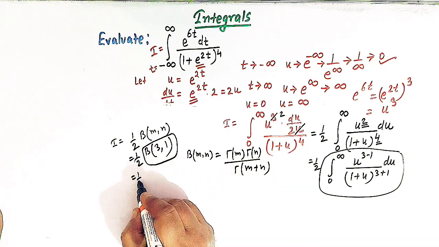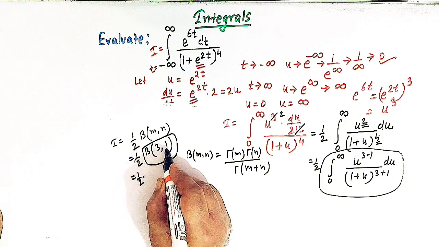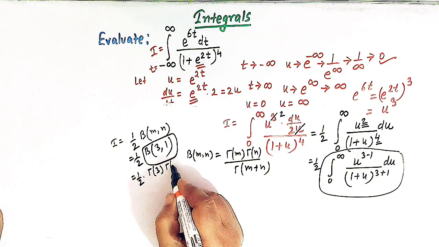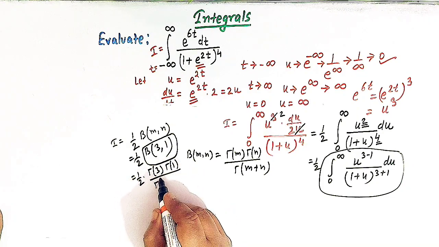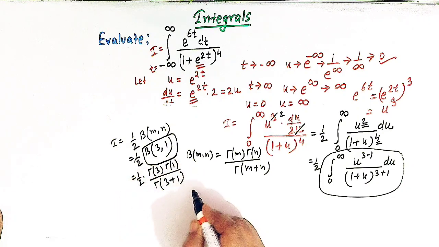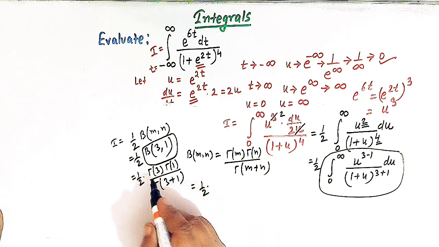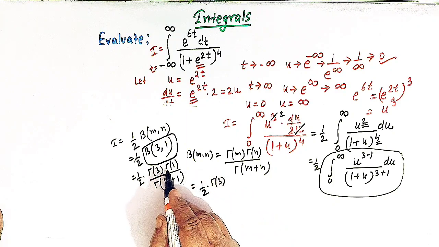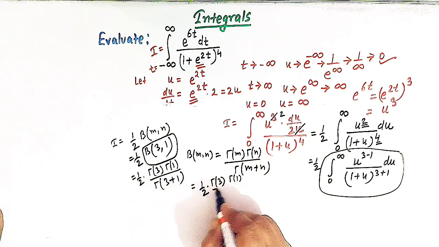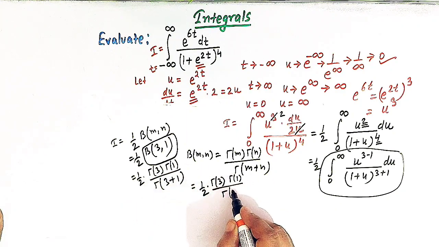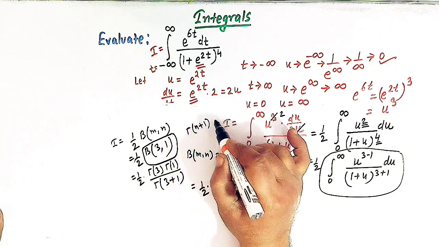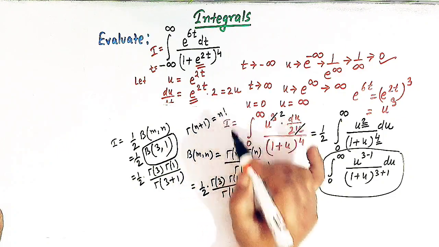So here we have half. Beta 3 comma 1 is given by gamma of 3, then we have gamma of 1, and here we have gamma of 3 plus 1, right? So this is half, gamma of 3, gamma of 1, and in the denominator we have gamma of 4, right? So now we can use this important relation, that is gamma of n plus 1 is given by n factorial.